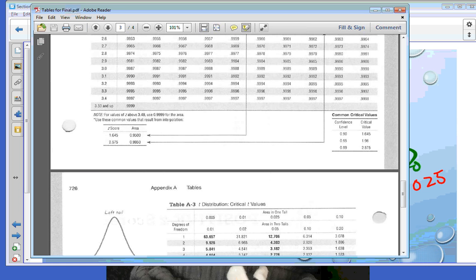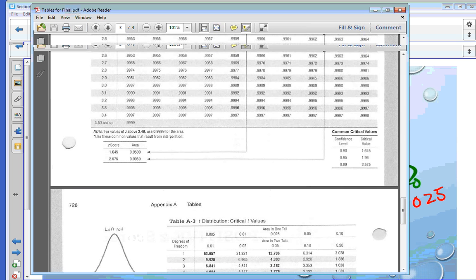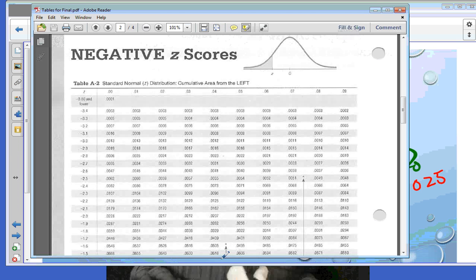0.0250. So I'm going to go to my table, and I know it's going to be a negative z. So I'm going to look here for my areas, and I'm going to find that here's 0.025, but that's not what I want. I want 0.0250.